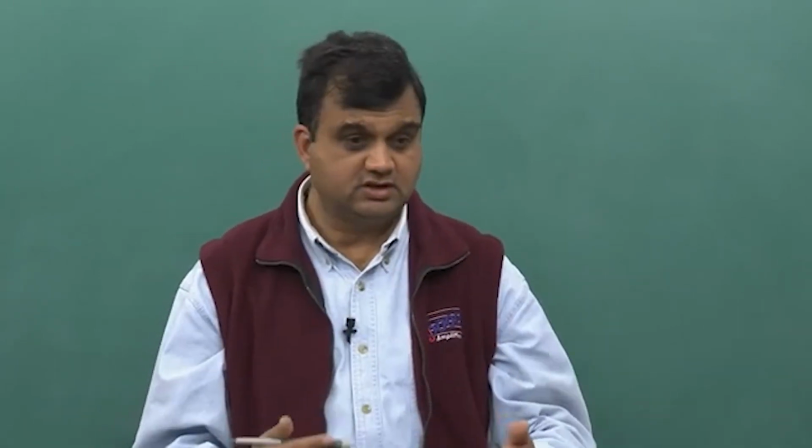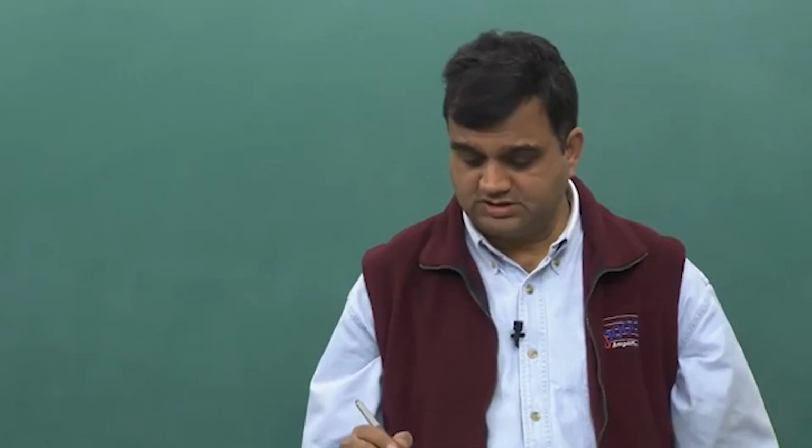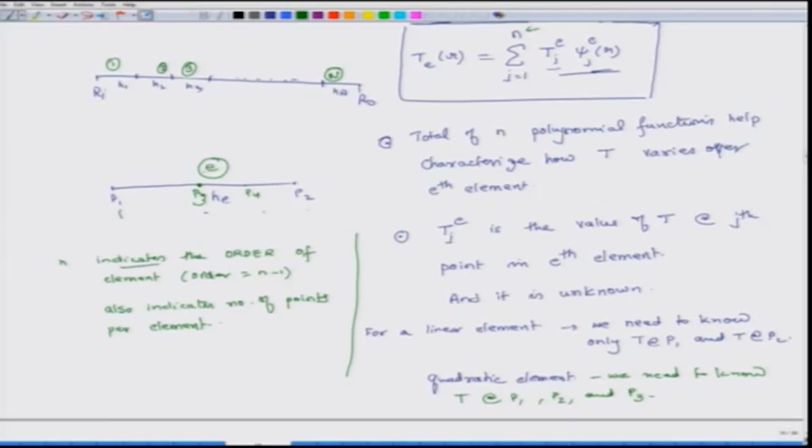It is a linear element, it is a cubic element. So, now I am again introducing some extra terminology, and you have to become increasingly more comfortable with this terminology. So, n indicates the order of the element, it does not mean n is equal to order, but n minus 1 is the order, and it also indicates how many points you have per element.